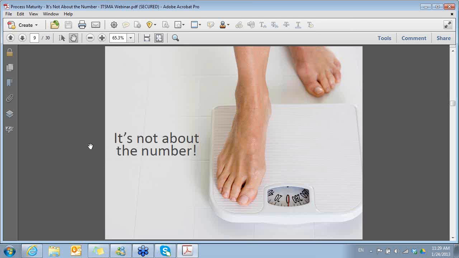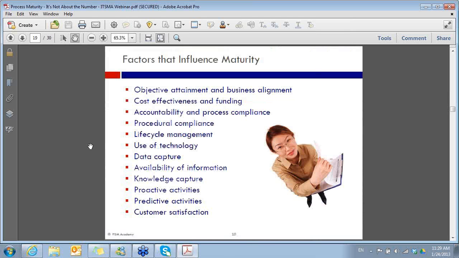What are the steps we need to take to transition from that number to the number that we need for this process to be, given our business's requirements? So it's not about the number, but I will tell you what it is about, I promise you, by the end of this webinar.